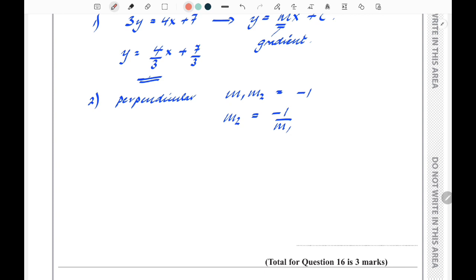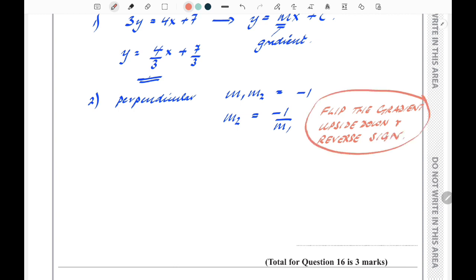If you want to find the perpendicular gradient, okay, then your first gradient, flip the gradient upside down and reverse the sign. Okay, that is basically what you need to achieve.